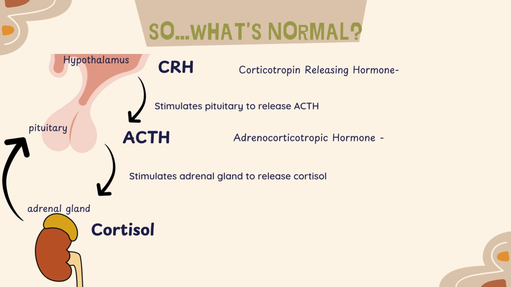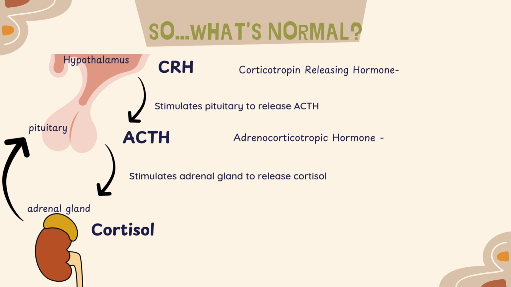Cortisol then does its job. It enables the body to handle stress, regulate metabolism, and it helps with the immune response. It helps with gluconeogenesis, or glucose production, and various other functions. When there's enough cortisol circulating in the body, either bound or unbound, it sends basically a mission accomplished signal back up the chain to the brain, and it tells the hypothalamus and the pituitary gland to dial it down.